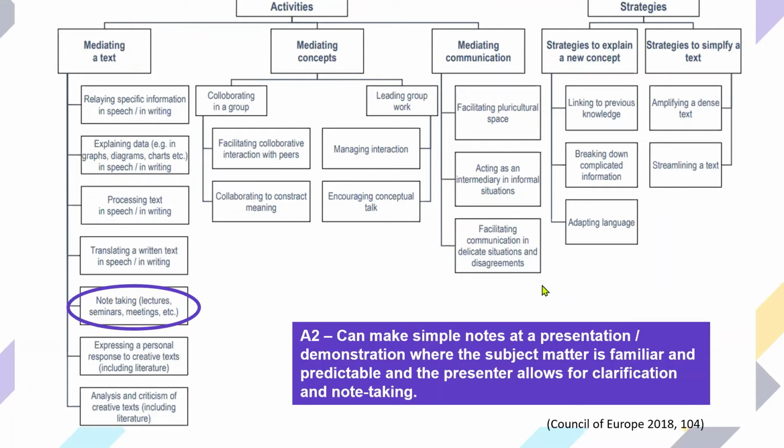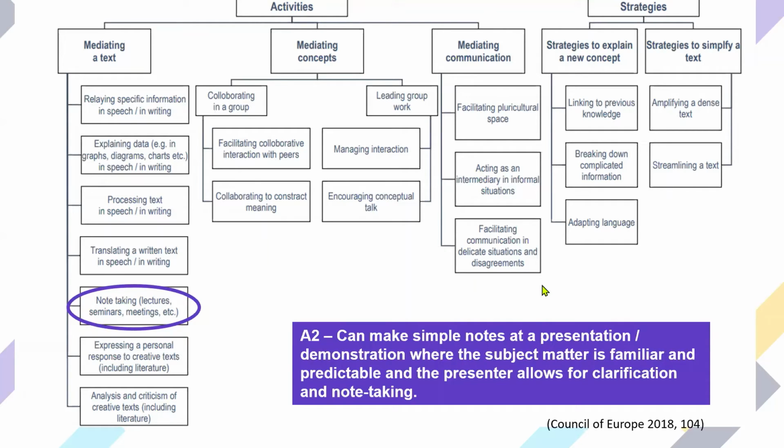And what it says at the end about the presenter allowing for clarification and note-taking. So you've got to think about that to some degree as well when considering the input. Some limitations for lower levels: slower, clearer speech, built-in pauses to take notes when necessary, through clearly articulated, well-structured texts or lectures.